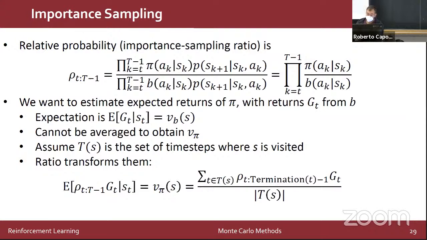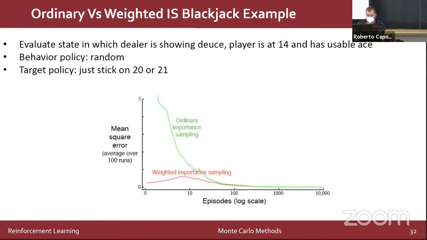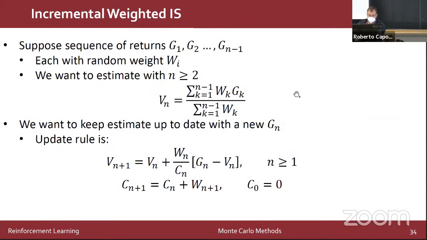But for computing the returns, we have also seen that there is an incremental way. Similarly, there is an incremental way to compute these importance sampling ratios, and this is expressed here. So how are we now updating our V function?